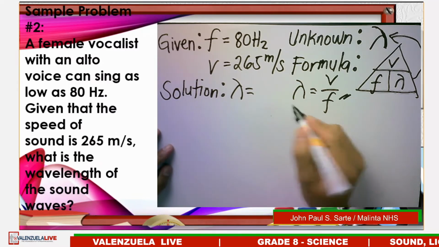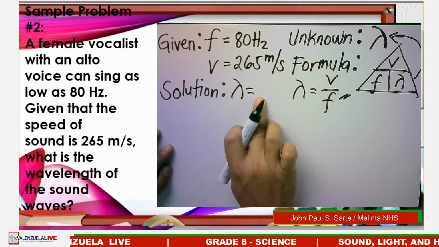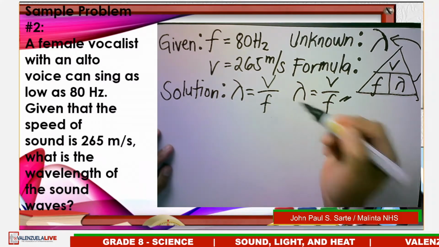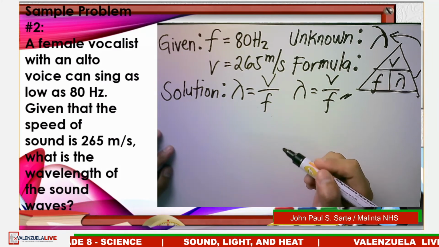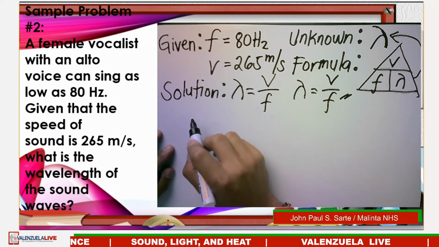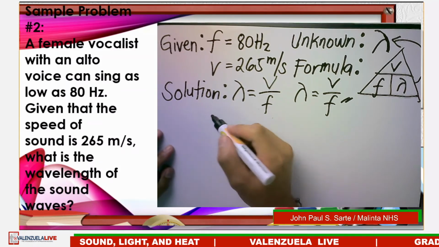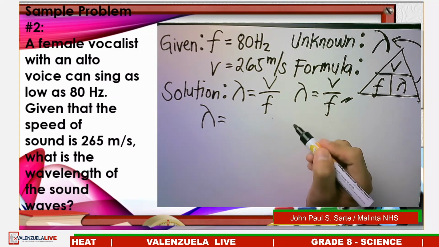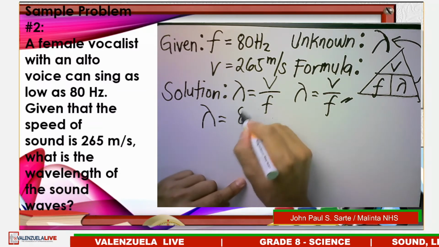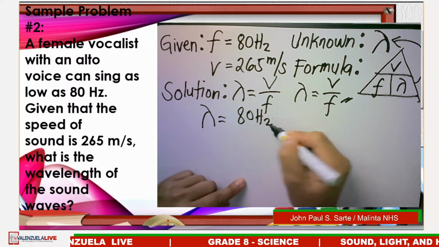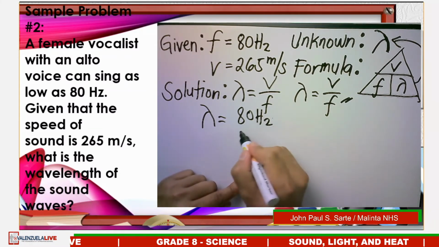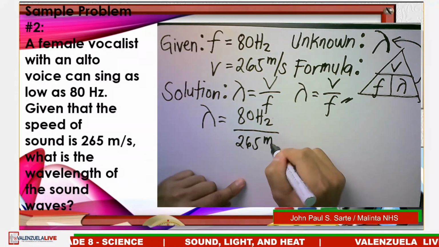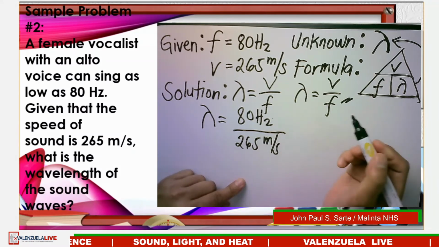Our formula is wavelength or lambda is equal to speed over frequency. Now, after that, you need to substitute. Lambda is equal to 80 hertz over 265 meters per second.